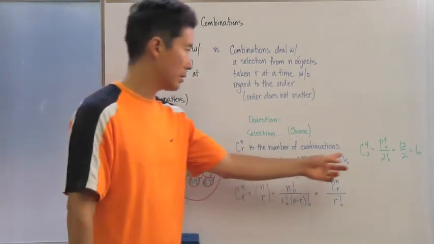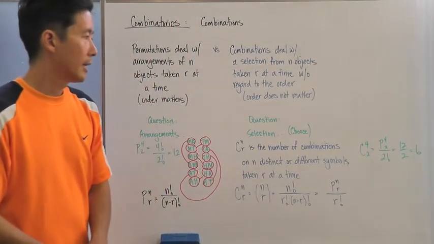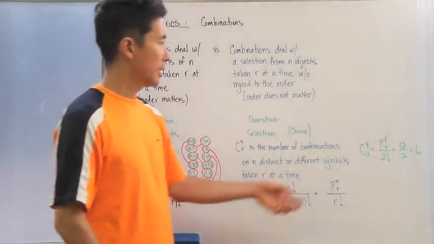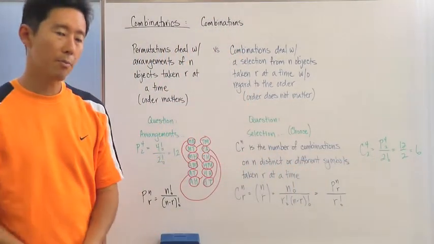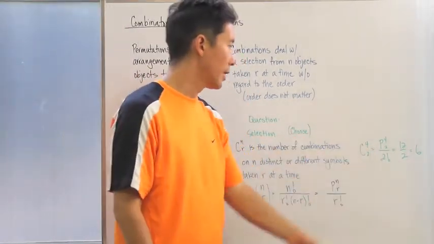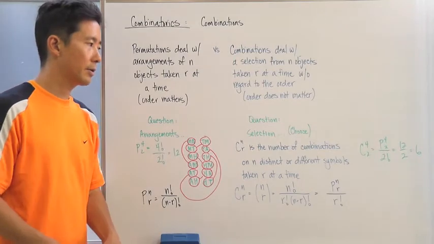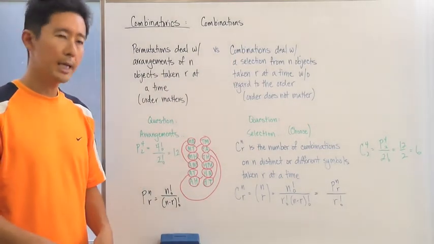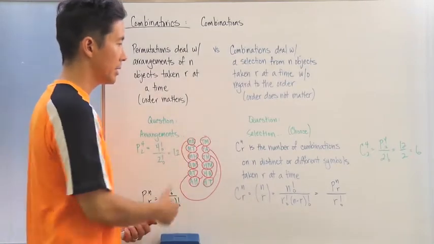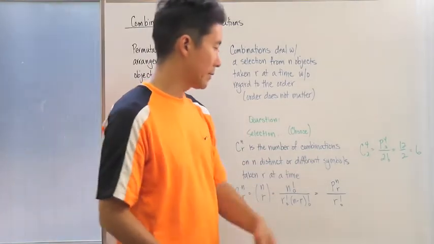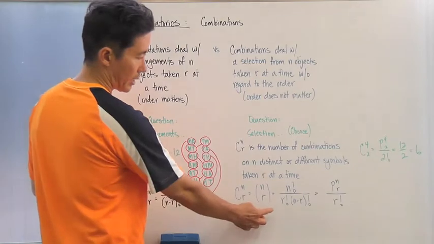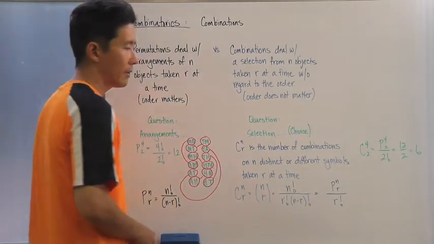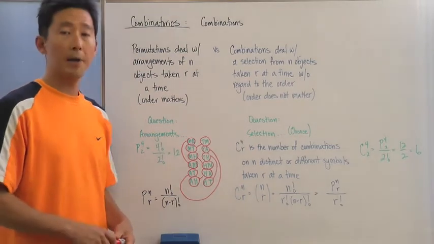So we can say that if you take 4 choose 2, you take all the different arrangements that are possible, which is 12, but then you have to divide by 2 factorial, or 2, because that is the number of repeated combinations that you have. And therefore you come up with 6. Now, we could have just calculated it straight from the formula. It would have given us exactly the same value.